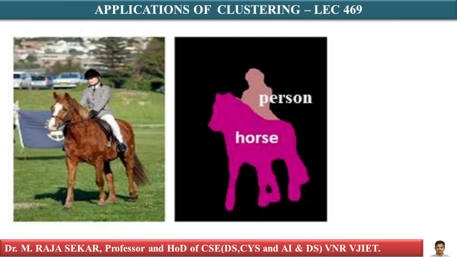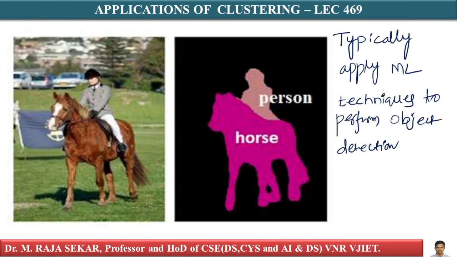So image segmentation is a very important task in detecting images, because when you group or cluster similar pixels, after you have clustered them, you typically apply machine learning techniques to perform object detection. So object detection here could be: this is a horse, this is a person sitting on the horse, and this is background.